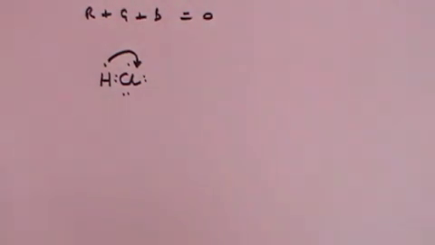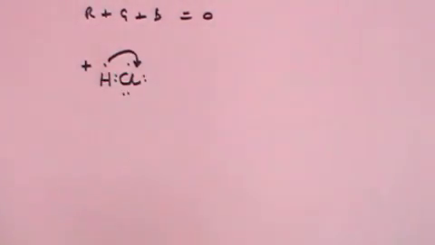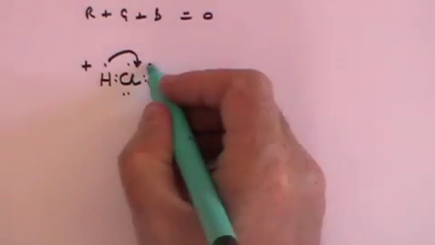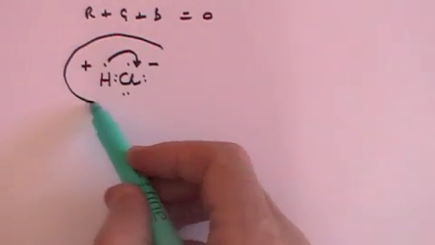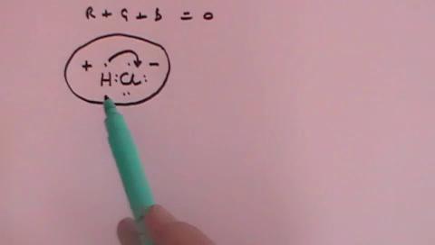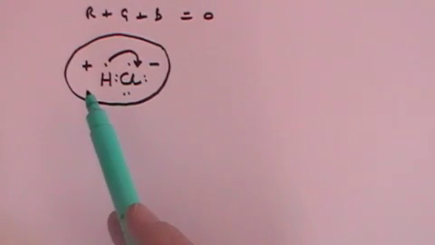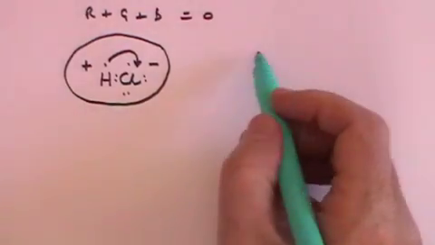But because hydrogen has, as it were, lent its electron, it is essentially net positively charged. And because chlorine has got 1 extra electron, it is essentially negatively charged. So although the molecule as a whole of hydrogen chloride is neutral, the bit towards the hydrogen atom is marginally positively charged, and the bit towards the chlorine atom is marginally negatively charged.